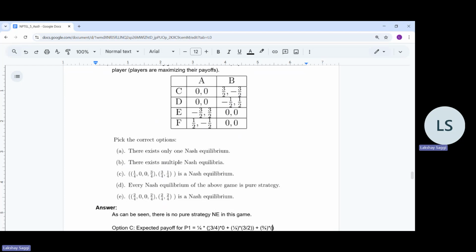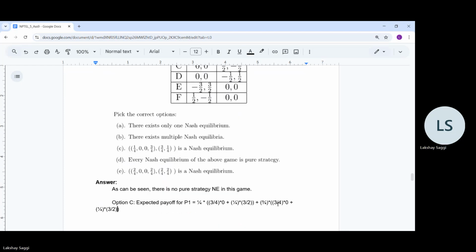So maybe I'll just copy this expression. So the payoff is half, and here the payoff is 0, right?